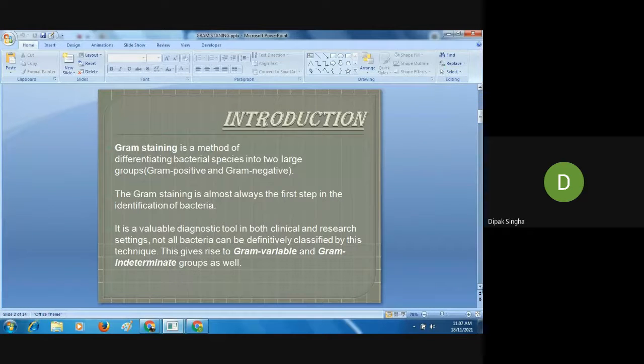Research in this field goes on day by day. Bacteria can also be classified by this technique as gram variable or gram indeterminate groups as well.